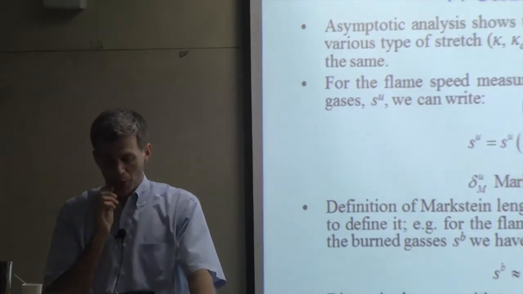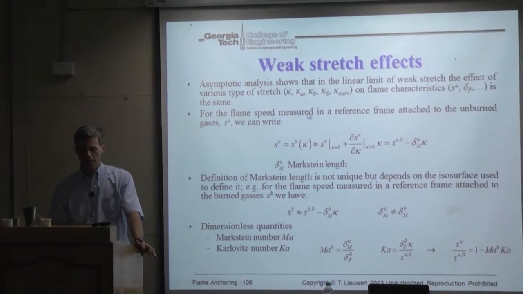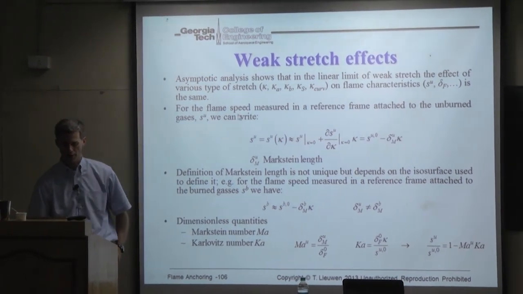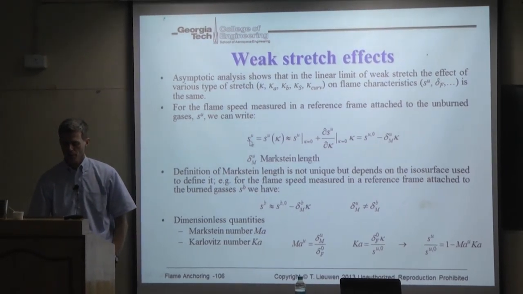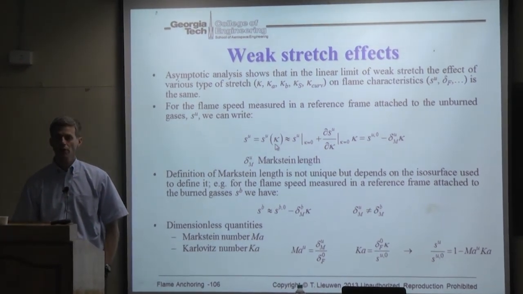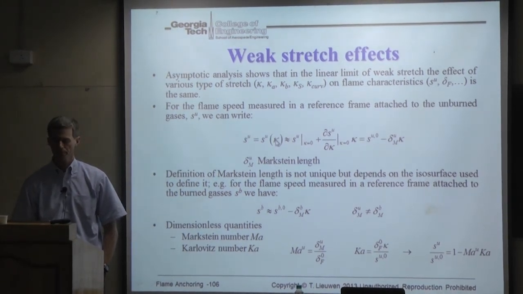And we can collect, so whether you curve the flame or whether you put it in an inhomogeneous flow field, all that matters at the end of the day is the overall value of the stretch rate, kappa, on the flame characteristics. And in fact, if we want to write something like the flame speed, measured in a reference frame attached to the unburned gases, S superscript U, the flame speed is only a function of the overall value of kappa.